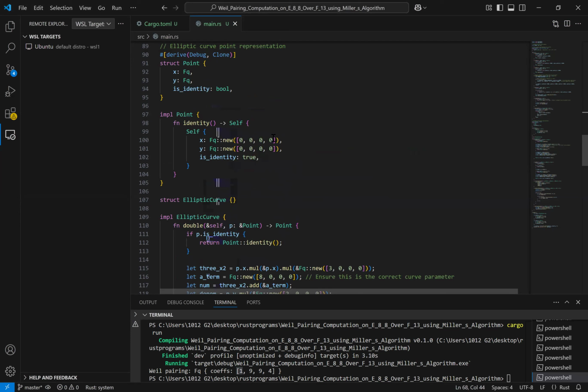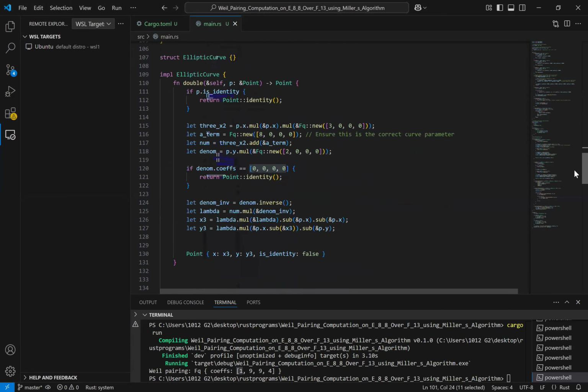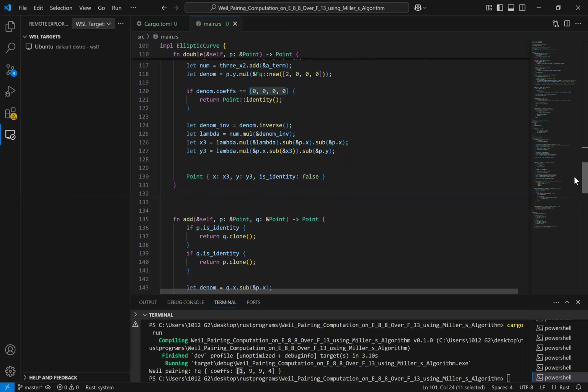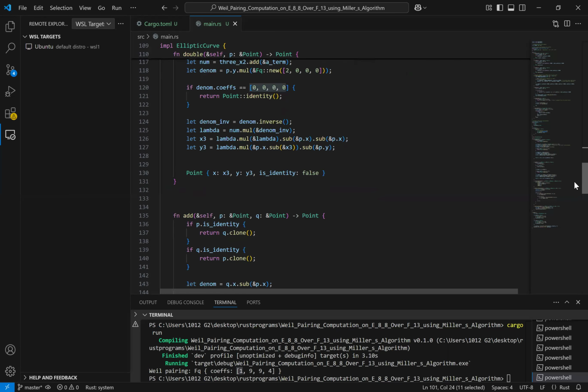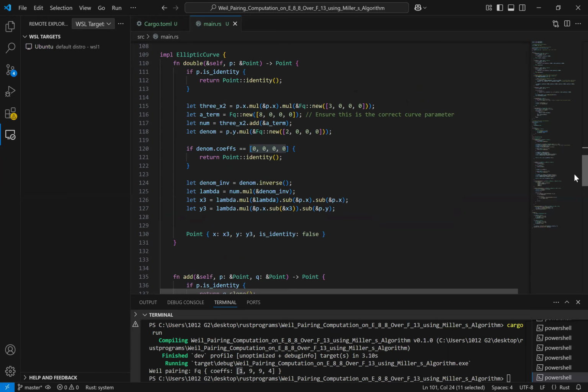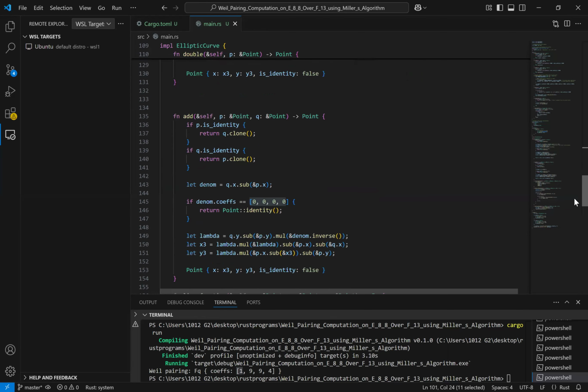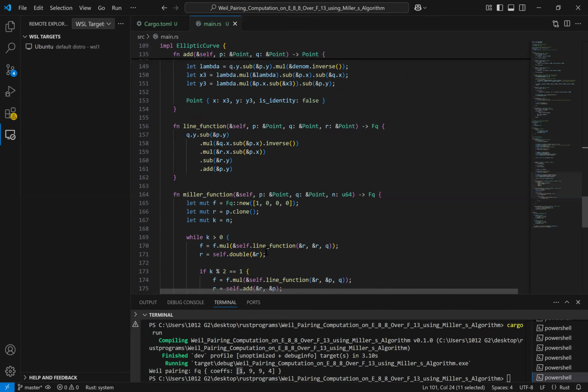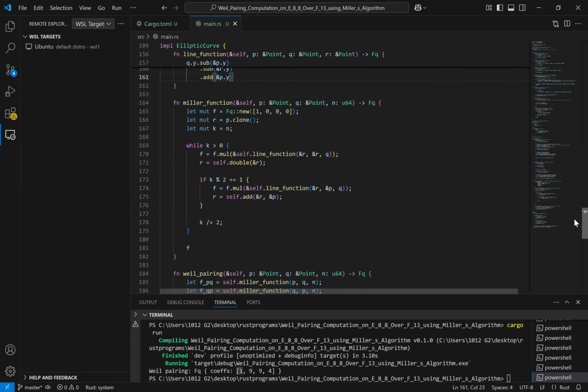For the additive group, the identity element looks like that, and then the X and the Y values for the additive group. Here you define how to multiply, how to add, how to subtract, and so on.